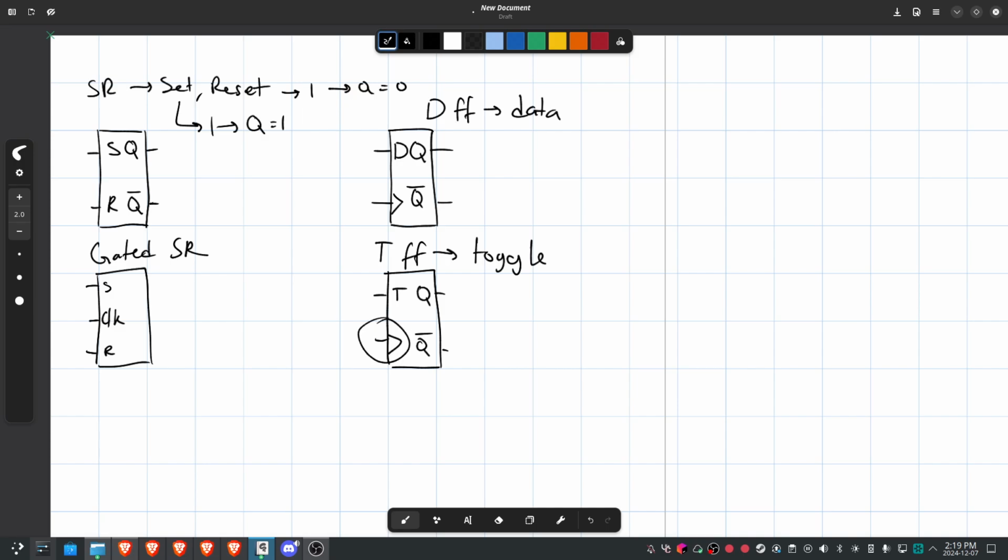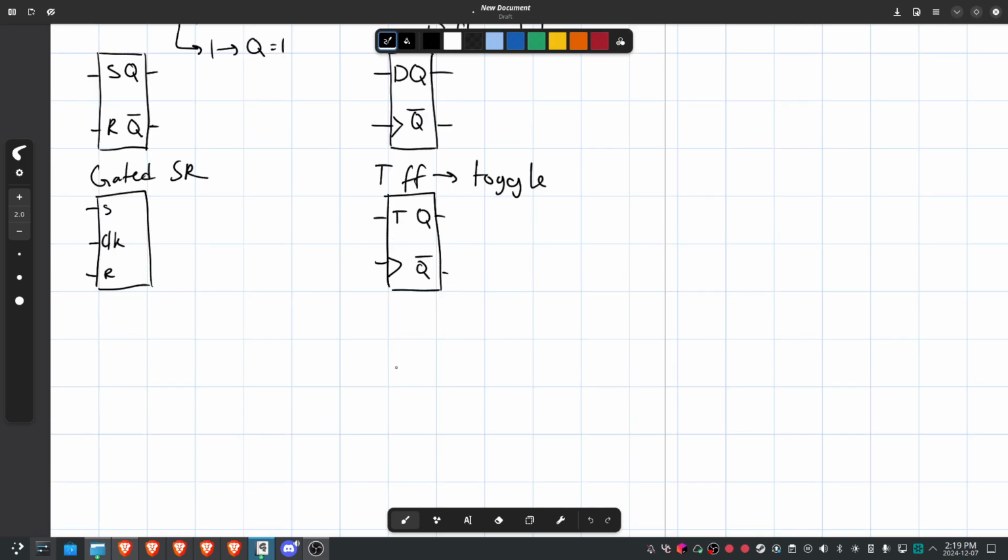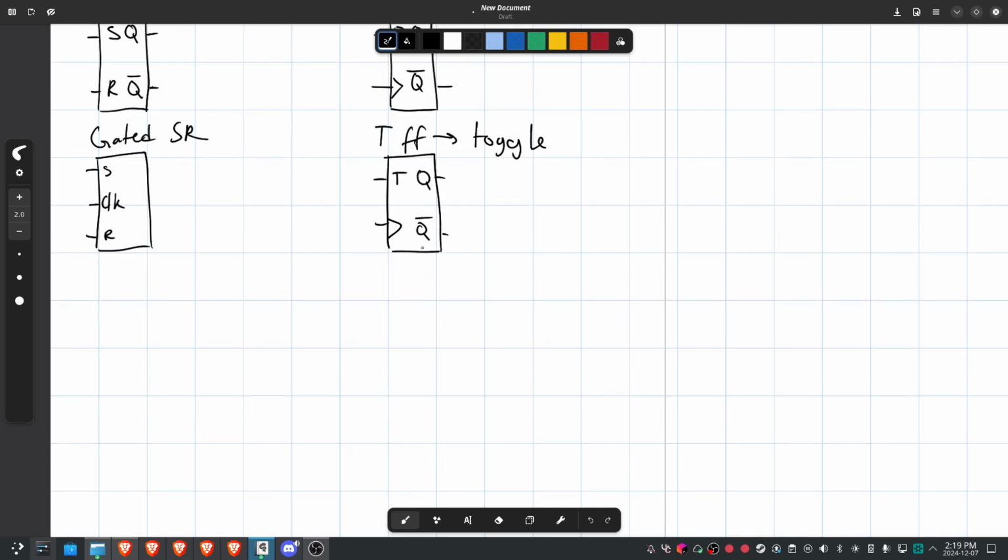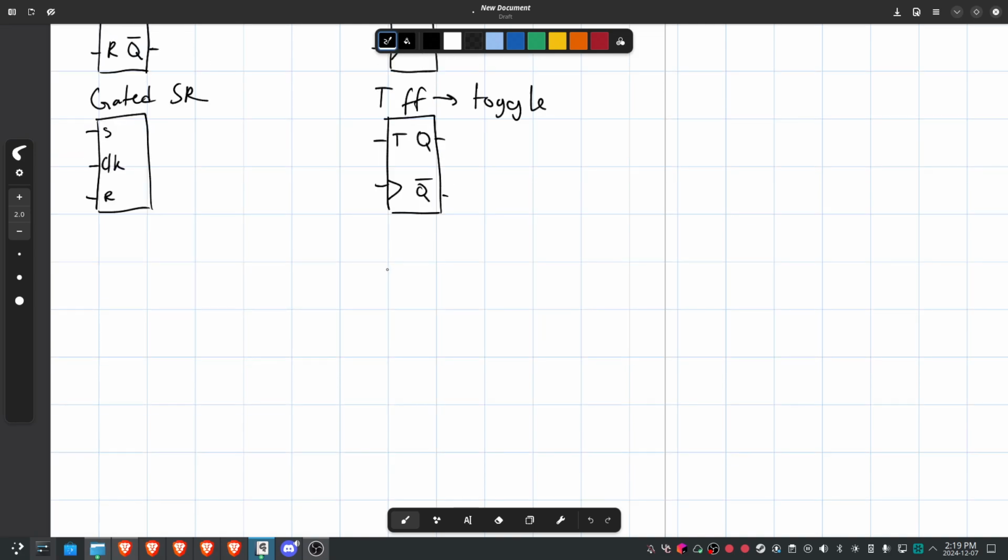When this flip-flop is activated, if T is 1, Q will be inverted. That's it. If T is not 1, then nothing happens. So it toggles the flip-flop. If toggle is 1, it toggles on the edge. When it's activated on the edge, same thing.